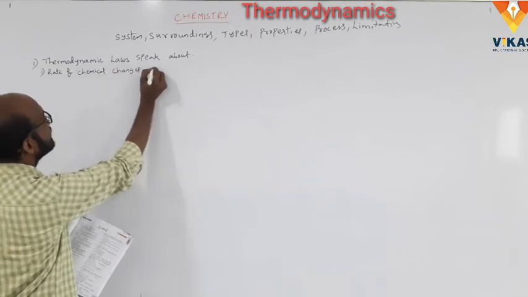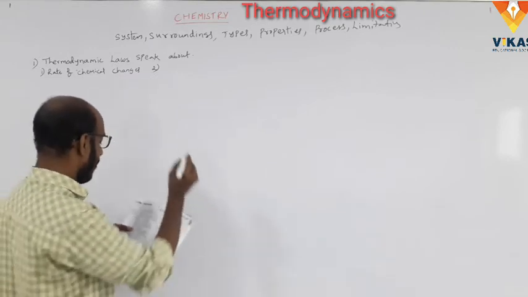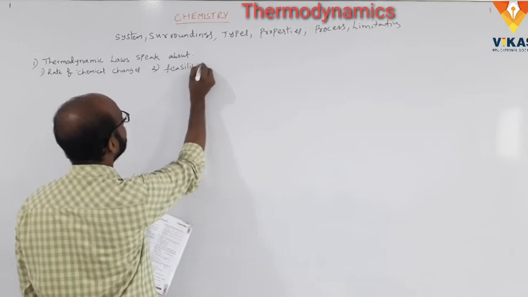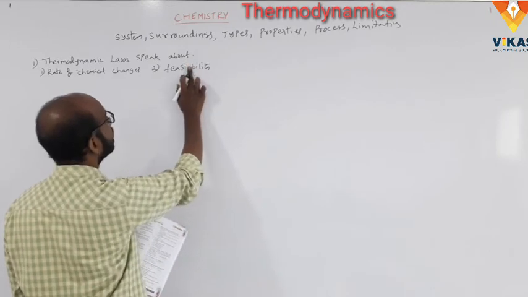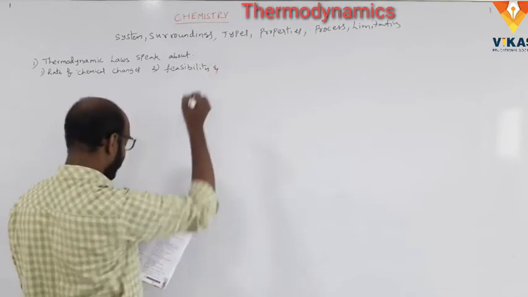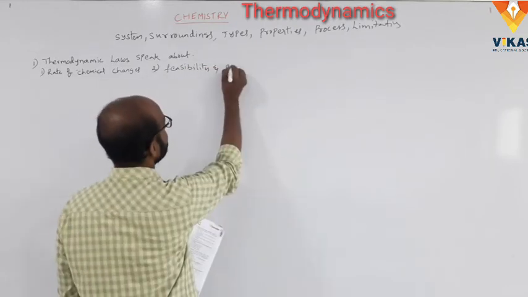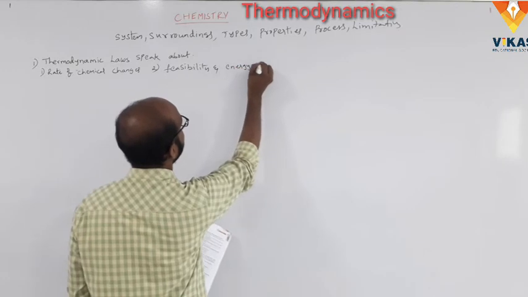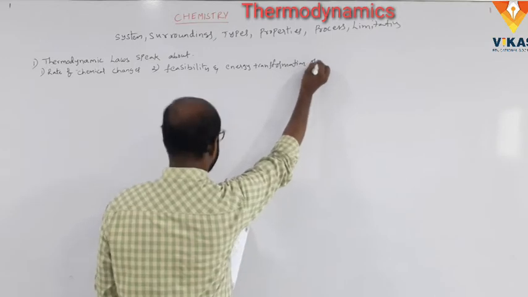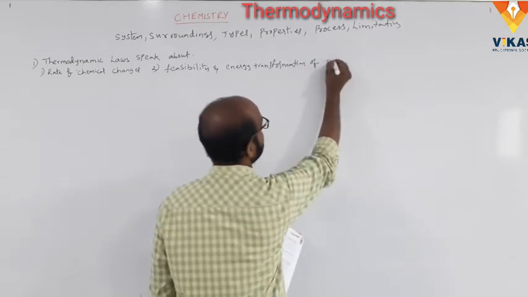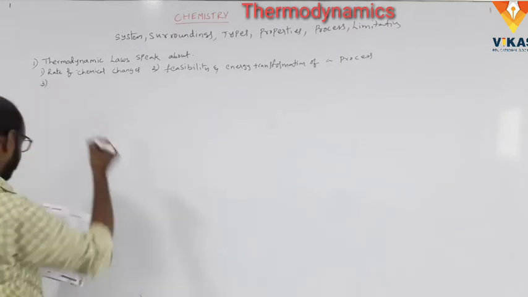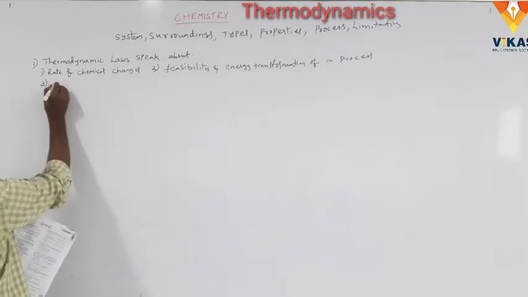Option 2, feasibility and energy transformation of a process. Option 3, both rate and energy changes of a process.